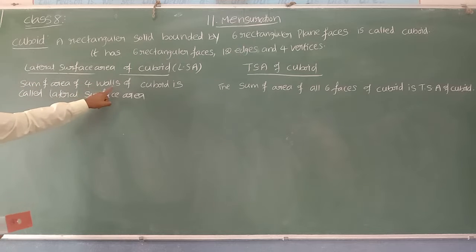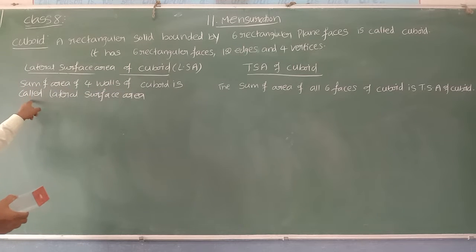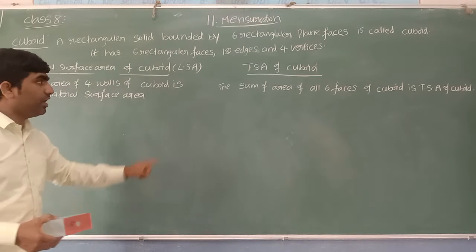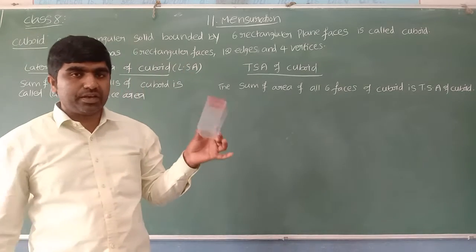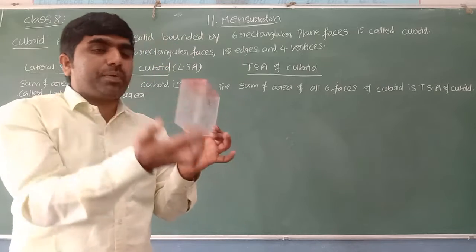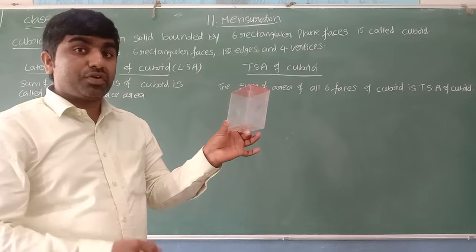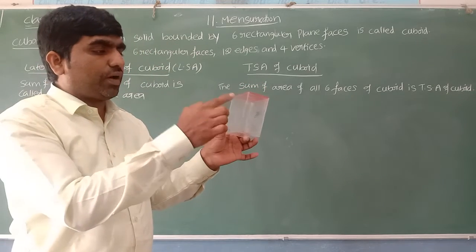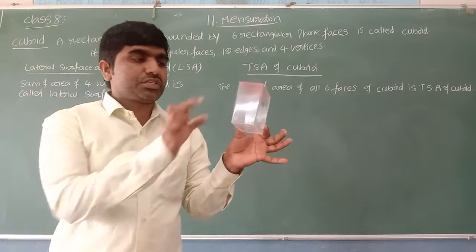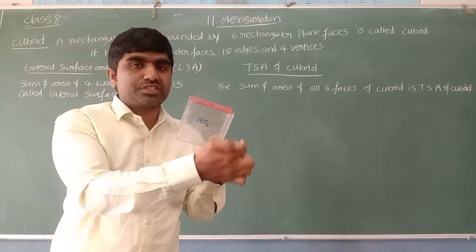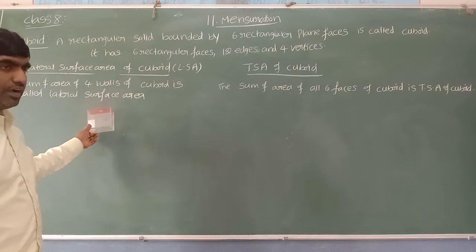The sum of areas of the 4 walls of a cuboid is called lateral surface area. Except top and bottom, the sum of these 4 face areas is called lateral surface area.